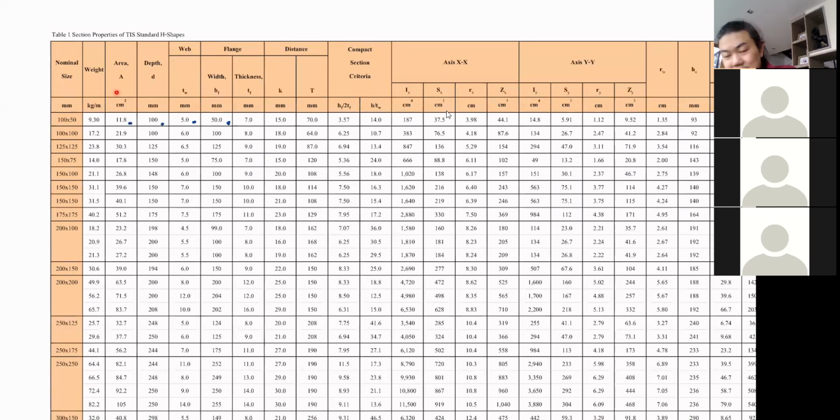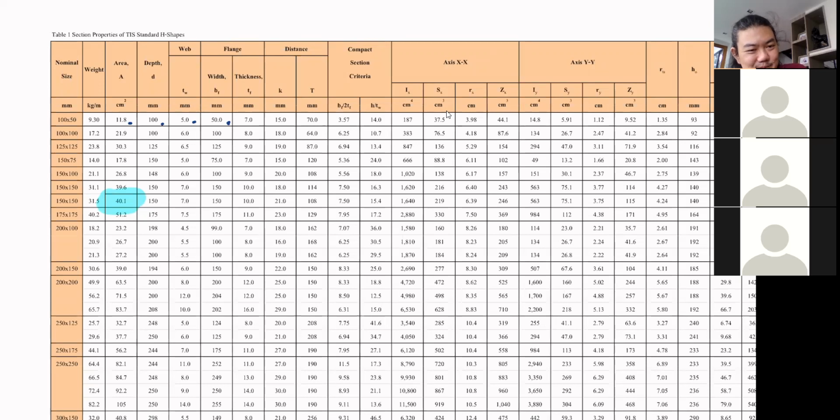That's the cross-sectional area. Now we need 40. Voila, that is 40.1. Is it good enough? It's good enough. We need 40, and that's 40.1.